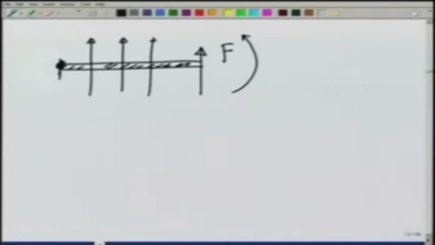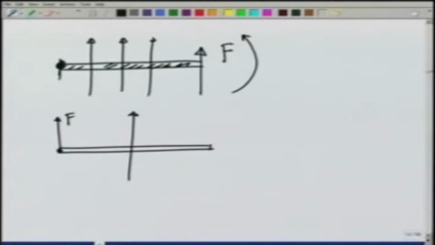What I want to find is, what if I think of this therefore as a force pushing the rod in this direction, what else can it do? I will replace this whole thing by a force at this point and a moment that is rotating the rod.